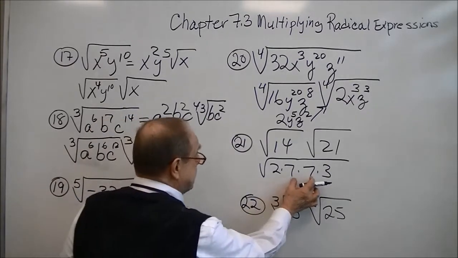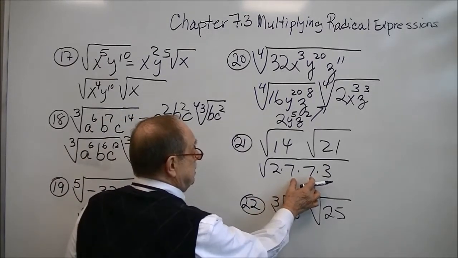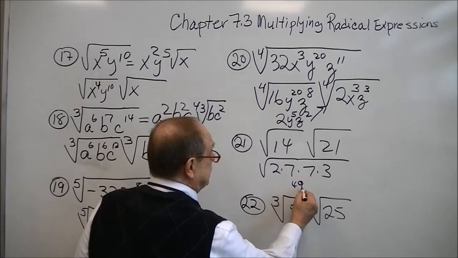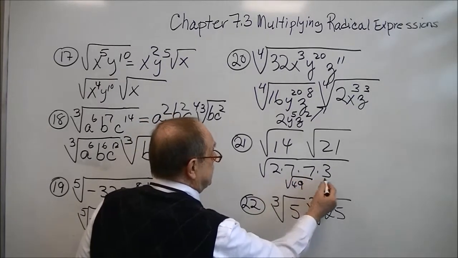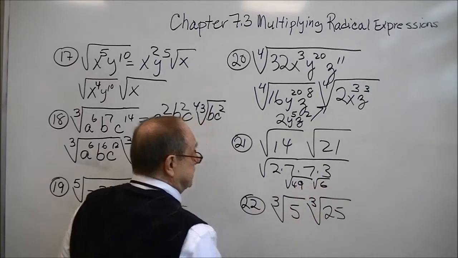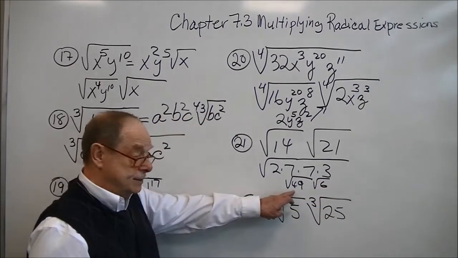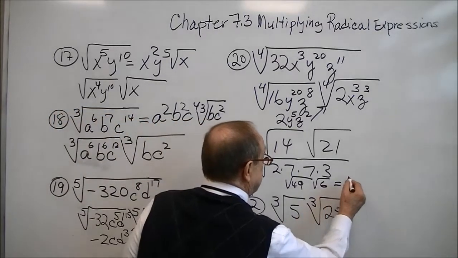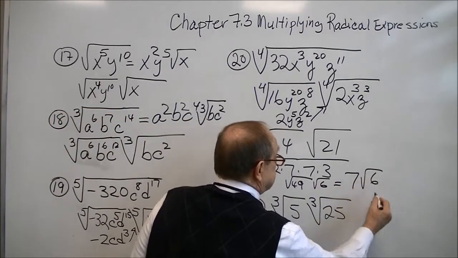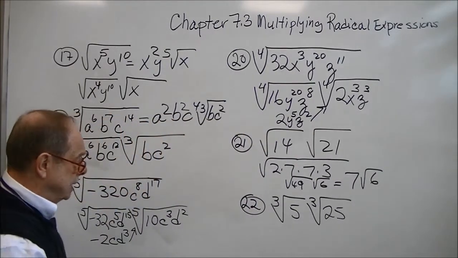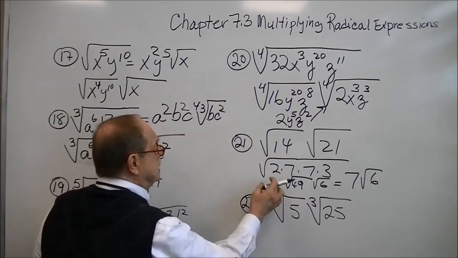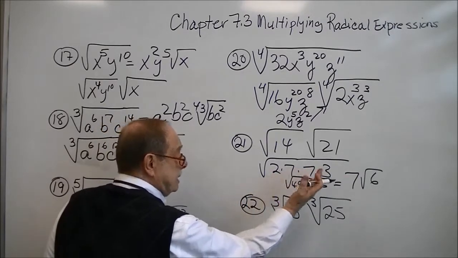I put the 2 7s together because what would this multiply to? Well, 49. And then this is going to be 6. So what is the square root of 49? 7. 7, the square root of 6. And you could have multiplied and then tried to figure it out, but I think this little technique is useful.